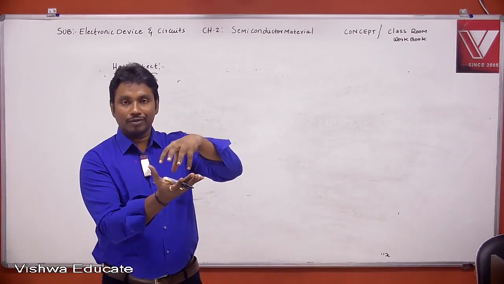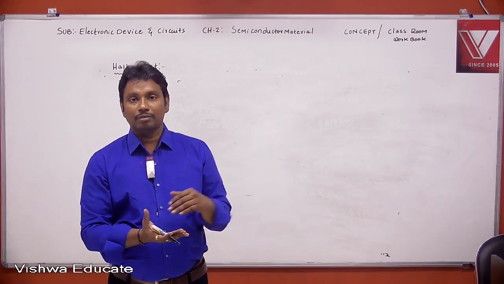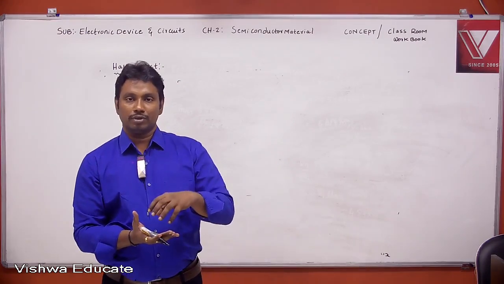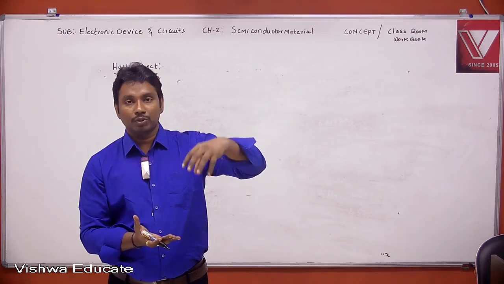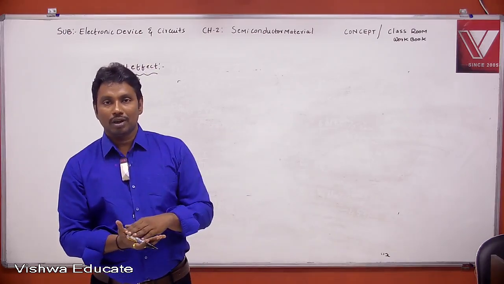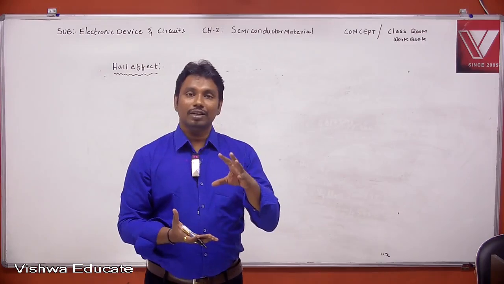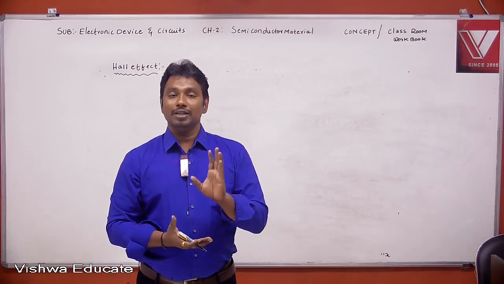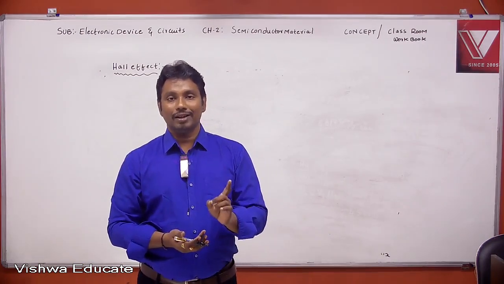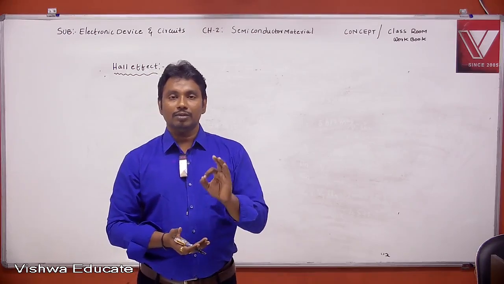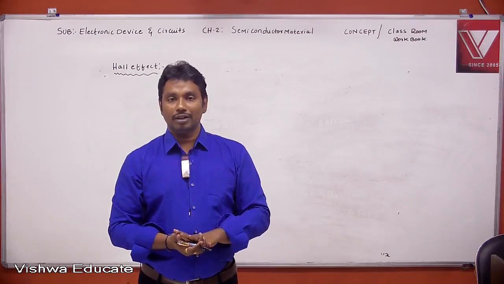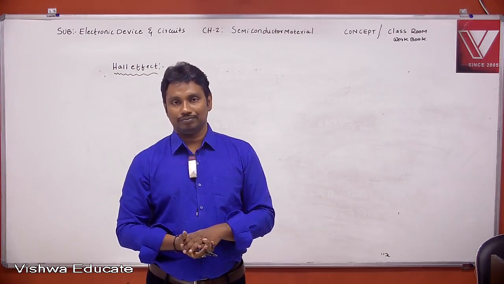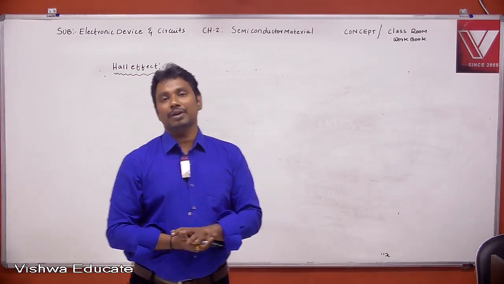Due to this Lorentz force, the charge carriers bend in the direction of the Lorentz force, due to which an electric field is induced, which is perpendicular to both current as well as magnetic field. This process of inducing an electric field is called the Hall effect. This is the statement of the Hall effect.